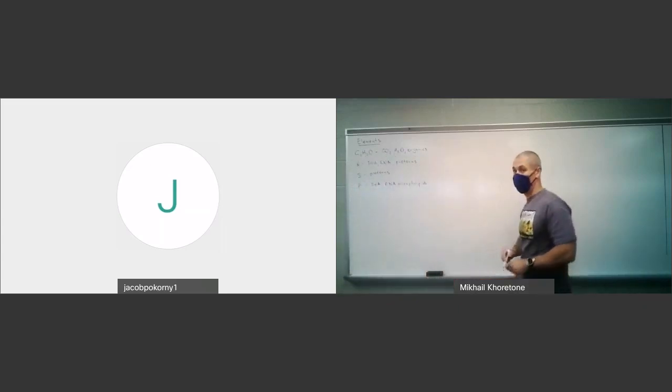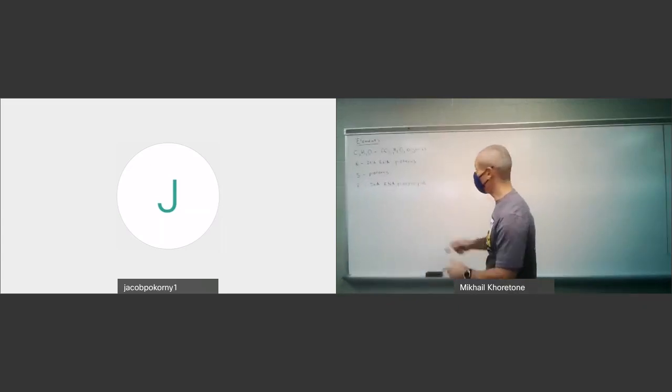Now, what I want you to appreciate here is that we're going to talk specifically about carbon, nitrogen, and sulfur. All those elements kind of cycle between the organic compounds and inorganic ones.